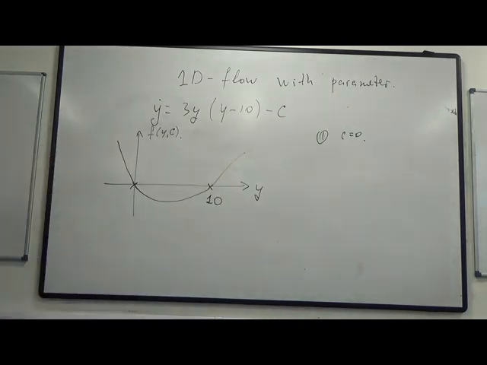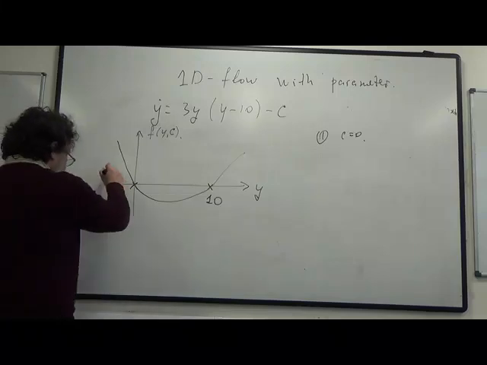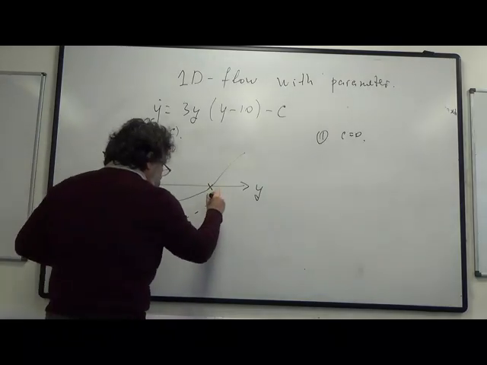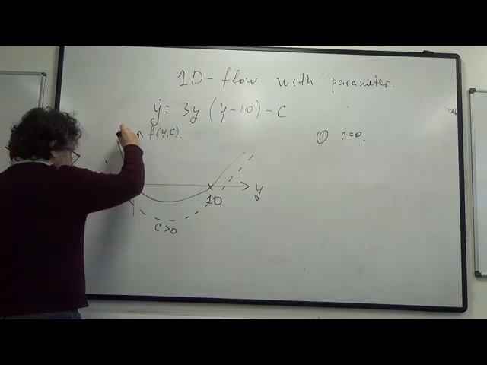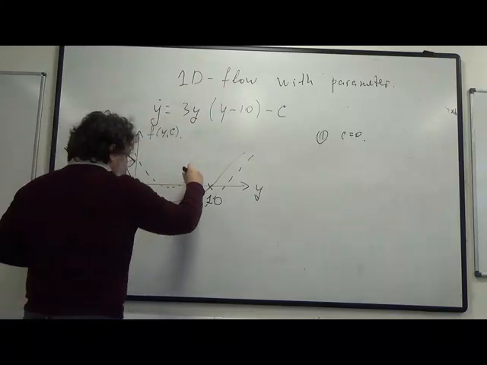Agreed? Now, if c is not 0 but something positive, what happens to this curve? It will go up. Minus c goes down here. So here c positive, and therefore c negative will be something like this.